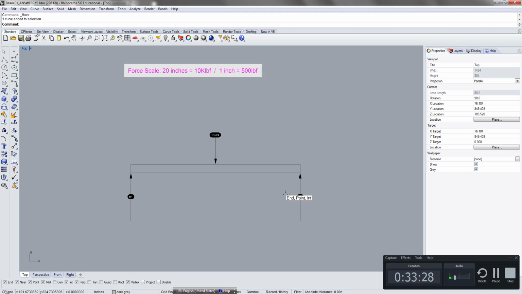Because all the vertical forces should be resisted by the opposite force.